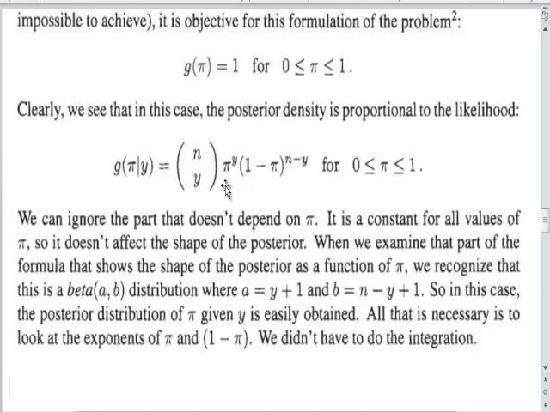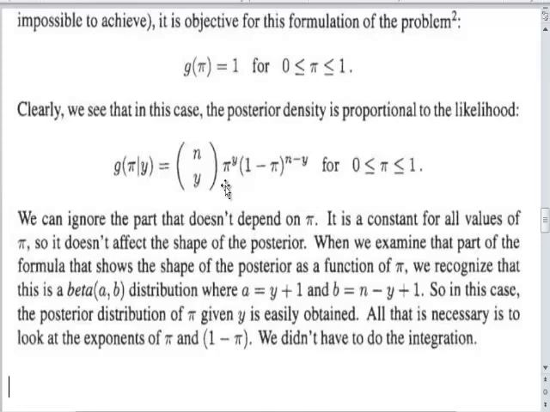Log is a monotonic transform, so whatever value of pi maximizes the likelihood also maximizes the log likelihood. After you take the log likelihood, it becomes y times log pi plus n minus y times log 1 minus pi.